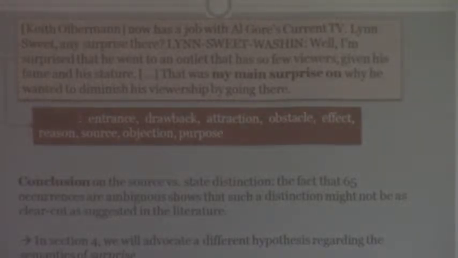But if you look at the preposition here, "my main surprise on why he wanted to diminish his viewership by going there", "on" is a bit unusual, I think. After question, you would normally expect the preposition "on", for example, "my question on".